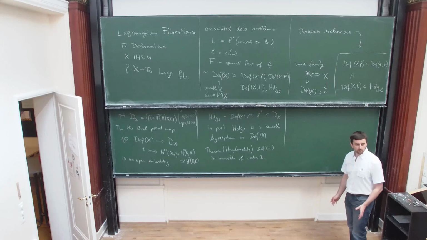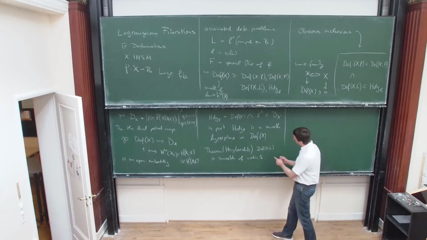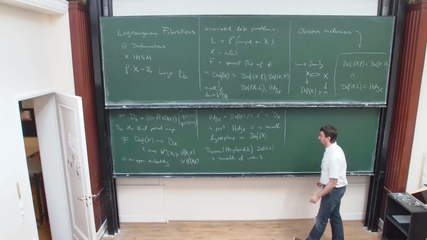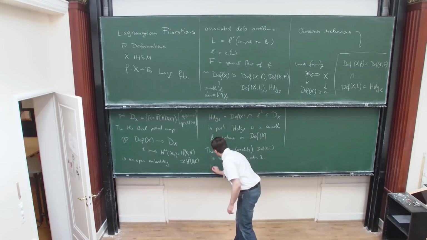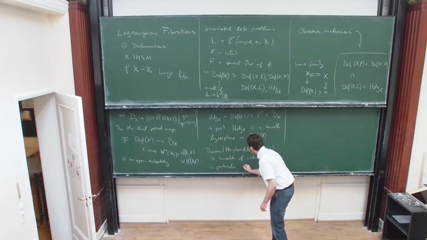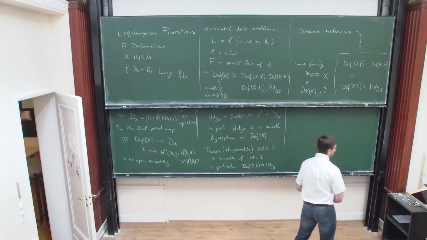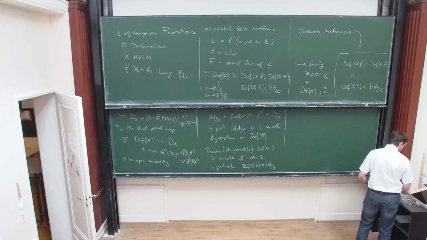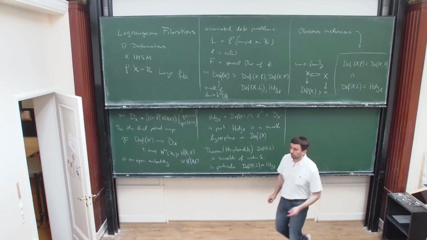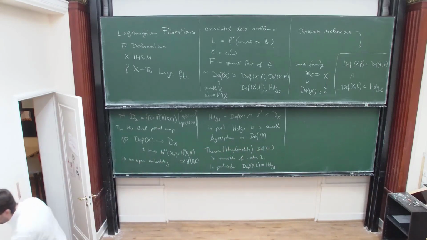So it's an unobstructedness result for the deformations of the pair (X, L). In particular, Def(X, L) is equal to the Hodge locus of l, which I think is not.